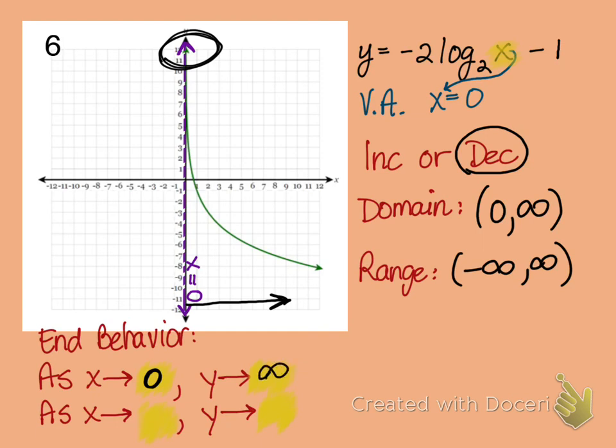How about the other one, this end? What's happening to the x values? Well, this arrow is going forever to the right, so it has to be positive infinity. What else? Y values. What's happened to that arrow? Is that arrow going up or is it going down?